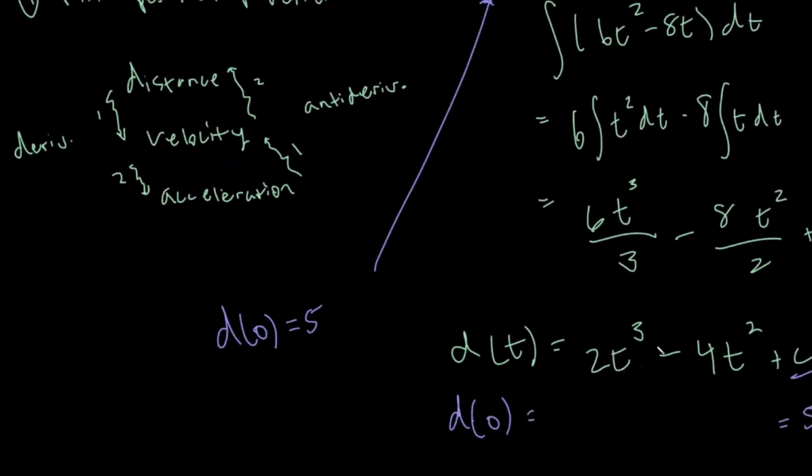So when I plug in 0, these both go away. 2 times 0 cubed is 0, minus 4 times 0 squared is 0. So literally C equals 5. Okay, so then d(t) must be 2t cubed minus 4t squared plus 5.